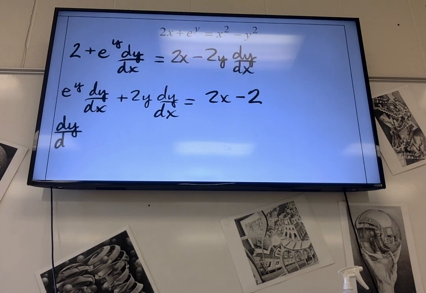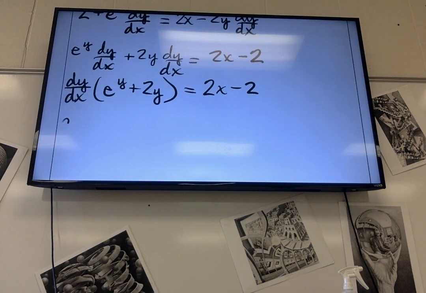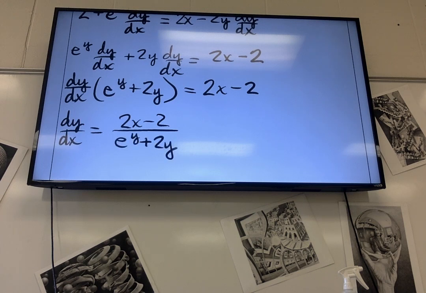Good. And then divide. Very good. Divide and conquer. Now I could factor out the 2 on top, but nothing's going to cancel on the bottom with it.